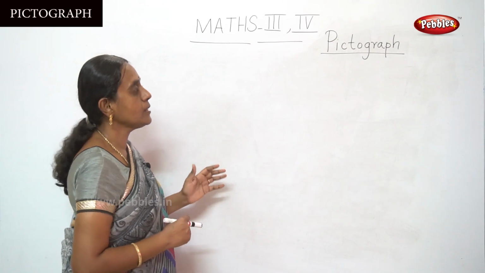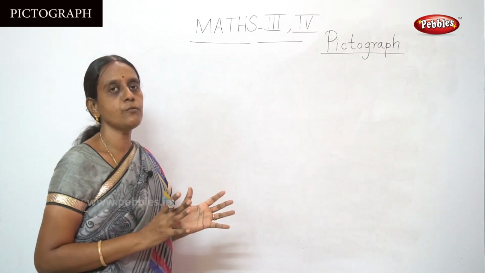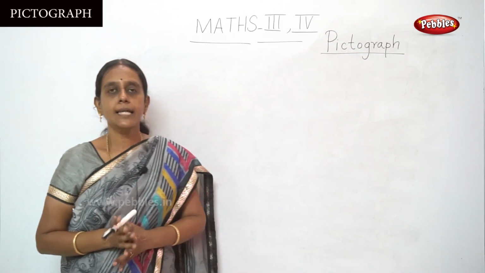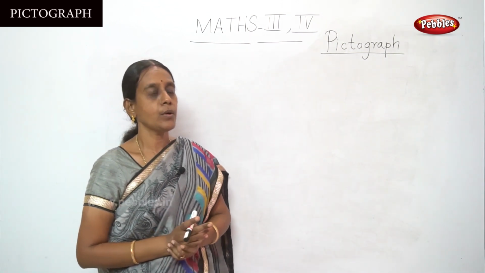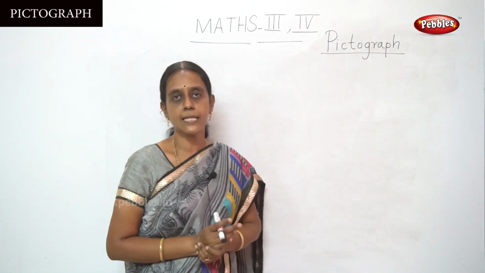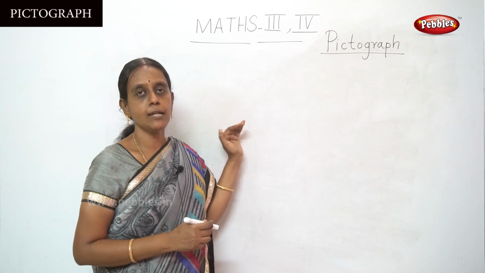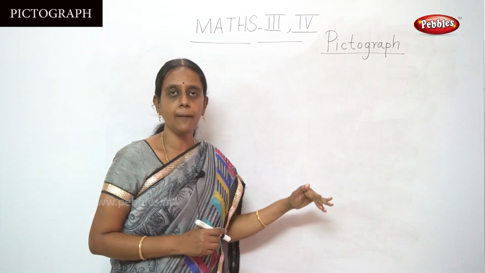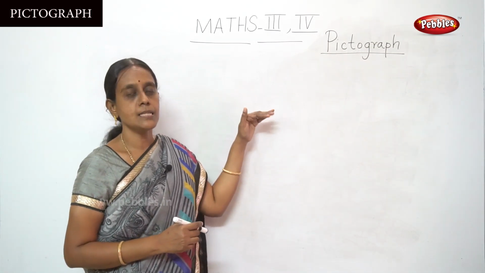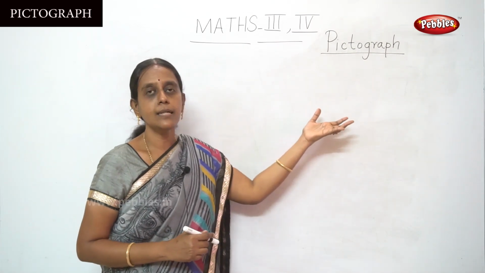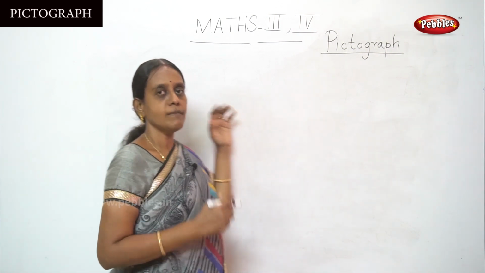In one school, 4th standard students are attending a summer camp for different activities. Let me write the activities taken by the students during their summer camp, the activities done by the number of students, and represent them by pictures. Let me do it with an example.